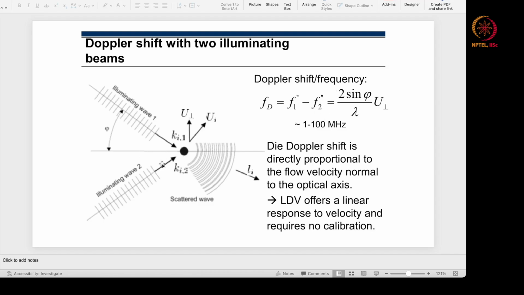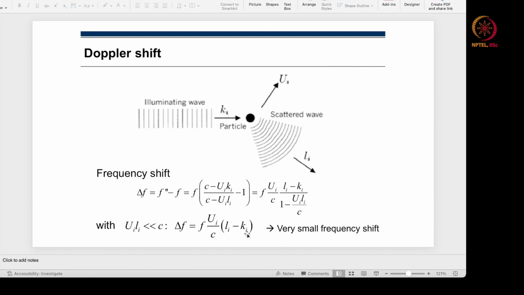The Doppler shift of frequency is basically the difference in the shift of the two waves, which you can show is 2 sine phi by lambda, lambda being the wavelength of the incident beams, multiplied by the velocity in the perpendicular direction, perpendicular to this particular axis. So f1 double prime is nothing but the shift that you calculated here. This is one of the shifts.